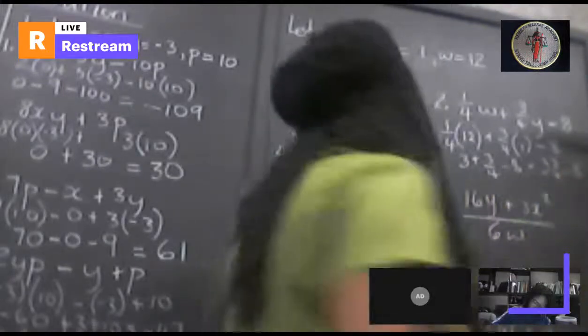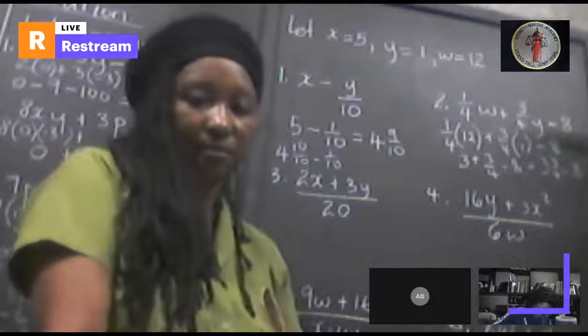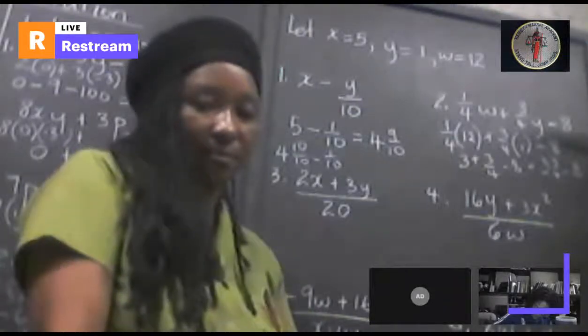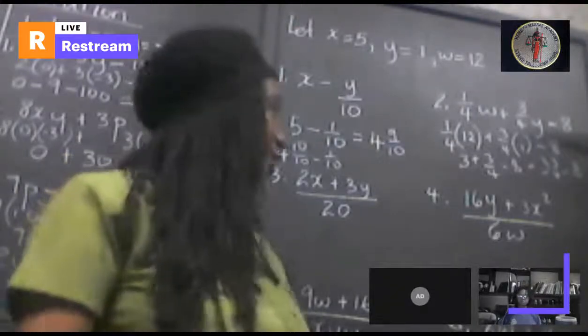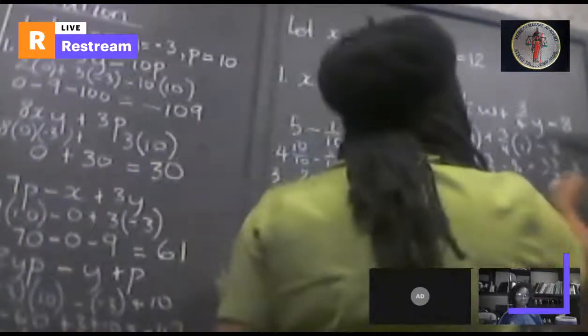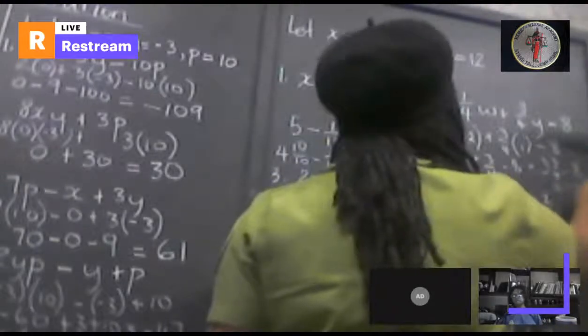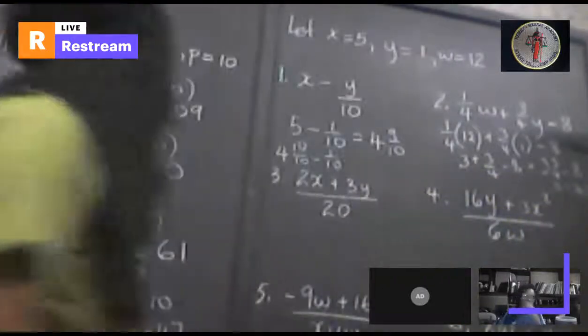So that would be negative 4 and 1 over 4, miss. Negative 4 and a quarter. Correct. So negative 4 and a quarter.